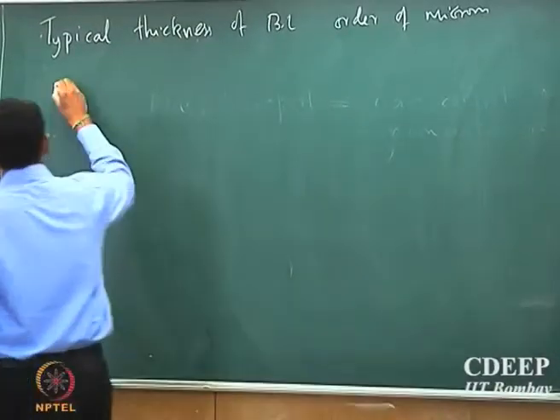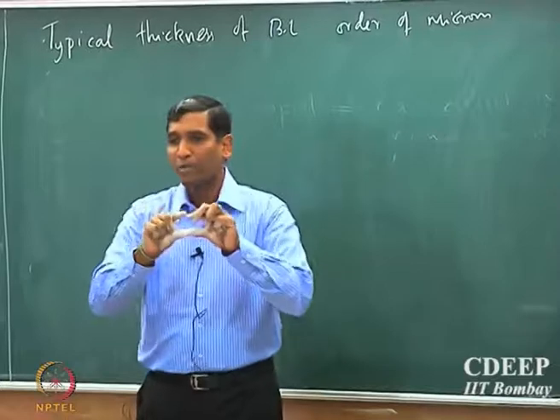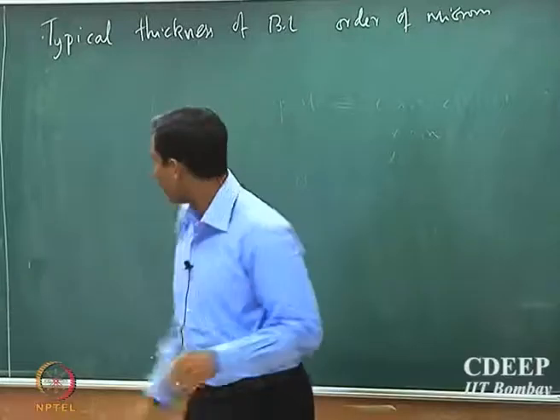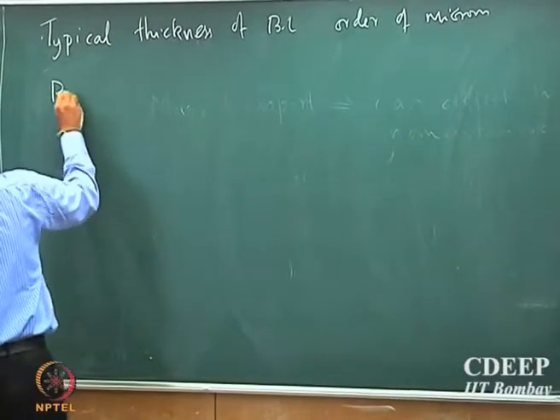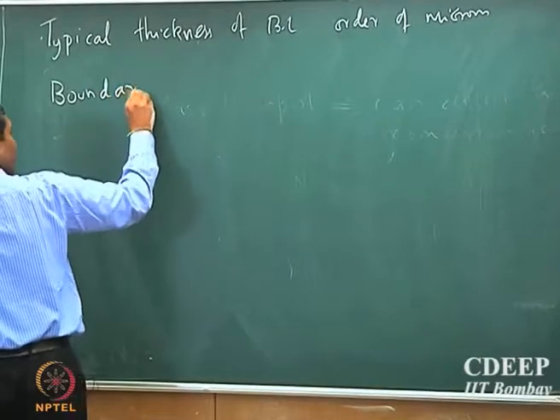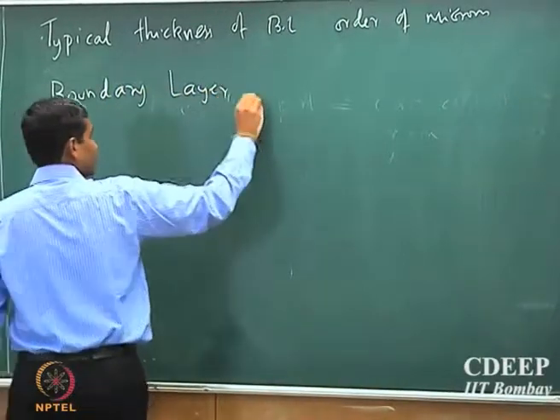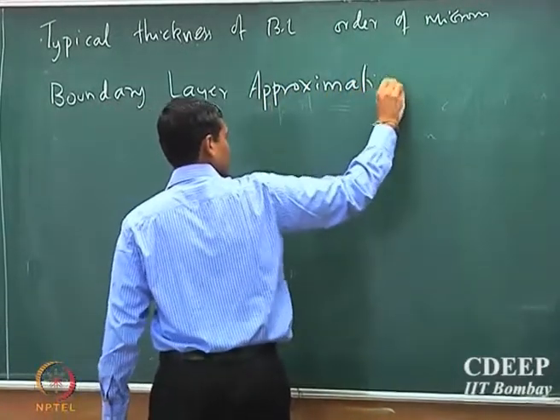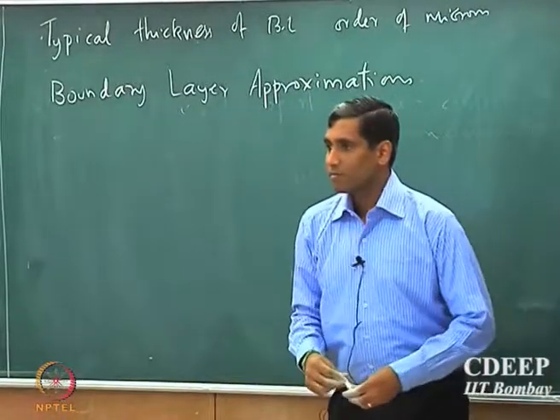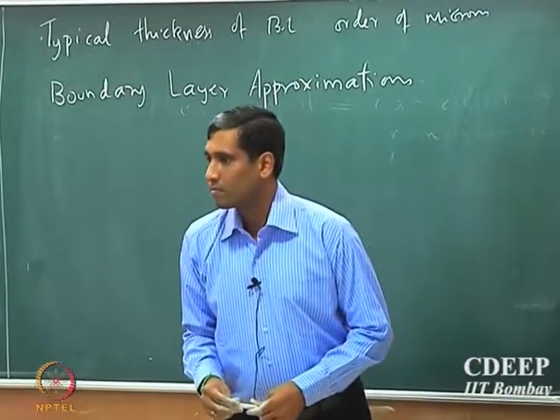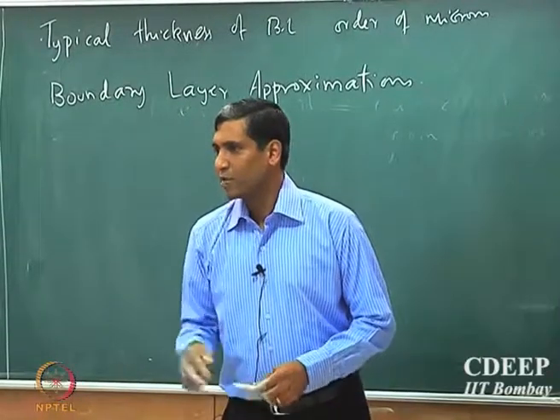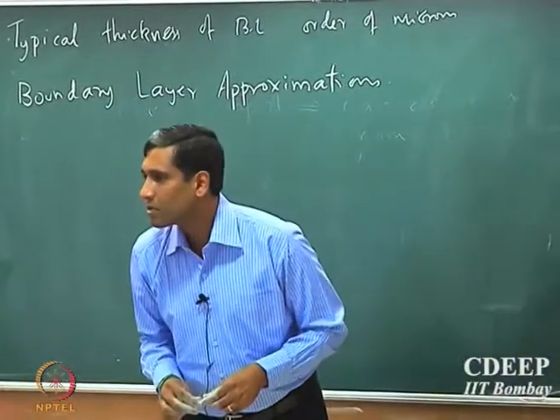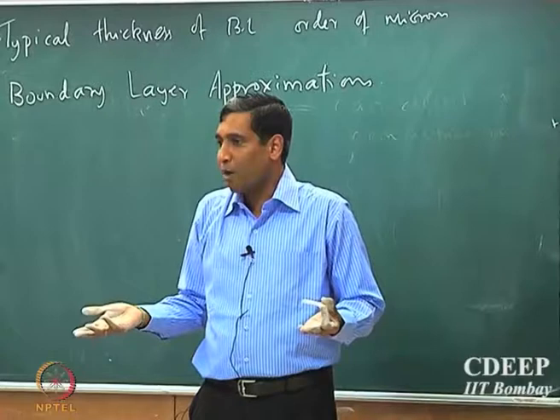So because the thickness of the boundary layer is much smaller than the length of the plate or the system that you are looking at, we can introduce something called boundary layer approximation. Okay. So yeah, that's the typical order of magnitude, right. It's very small.